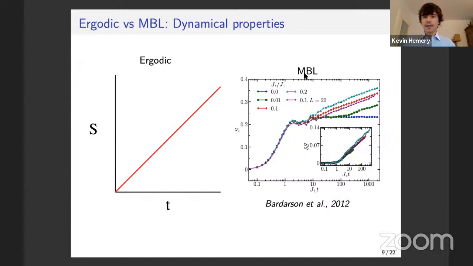No. What I'm saying is that typically you want to look at a quench, so at the beginning you have an initial state with no entanglement, which has overlap with all the excited states. Then you do the time evolution, and you have this logarithmic growth of entanglement. Of course, if you start from a fully entangled state, you will observe something different. So you need to start from something which has no entanglement to observe this logarithmic growth.